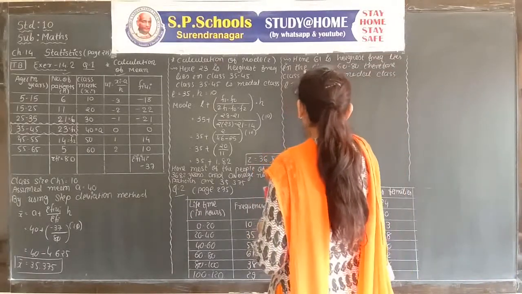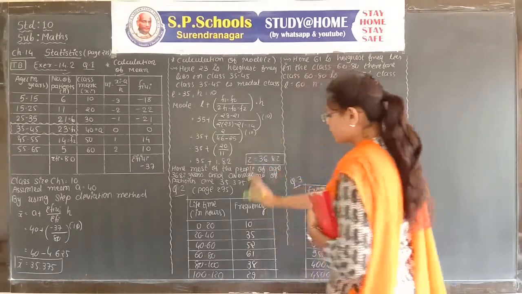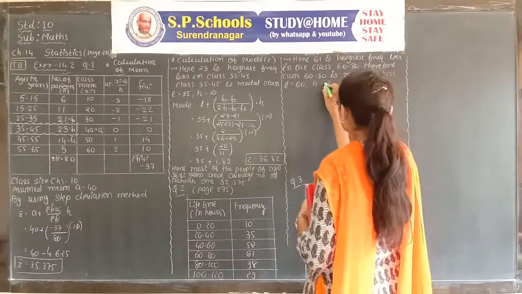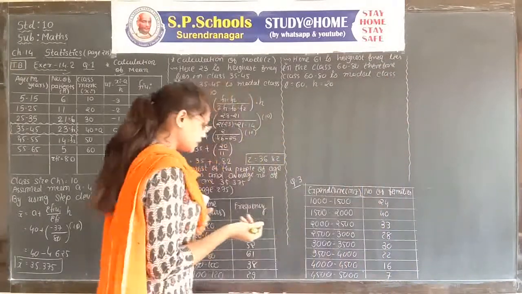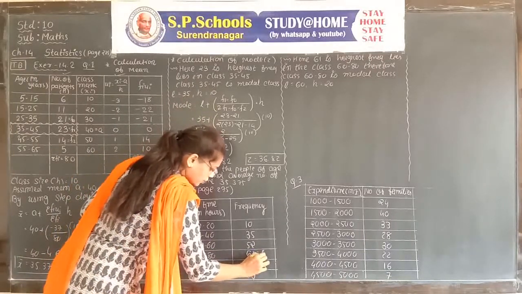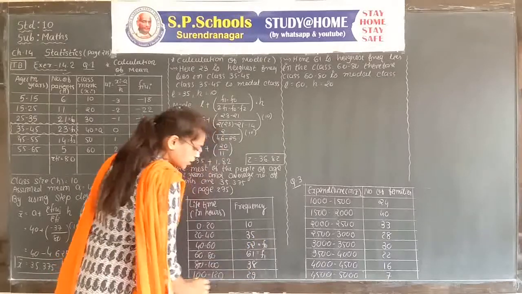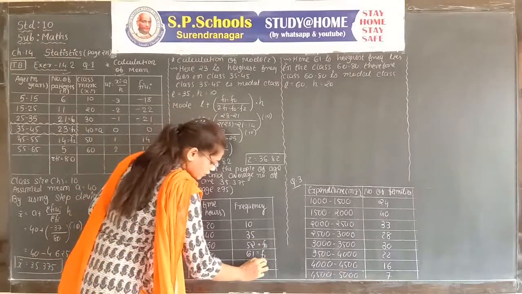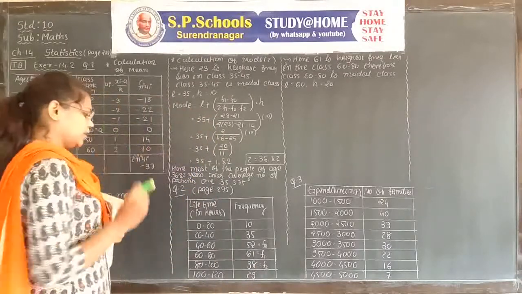Now we decide L and H first. L is equal to the lower limit of the modal class, 60. H is equal to the class size. Class size is here 20. Now from the table, the highest frequency is 61. 61 is the frequency of the modal class, F1. F0 is the frequency of the class preceding the modal class, and F2 is the frequency of the class succeeding the modal class, which is 38.